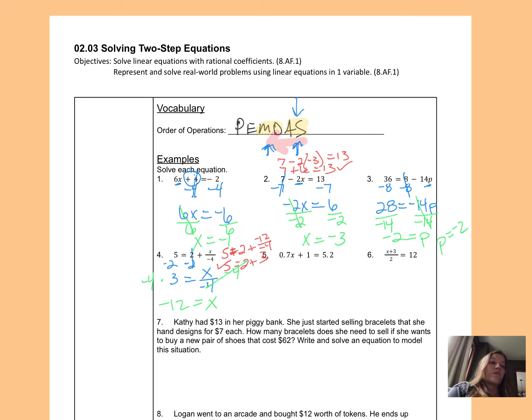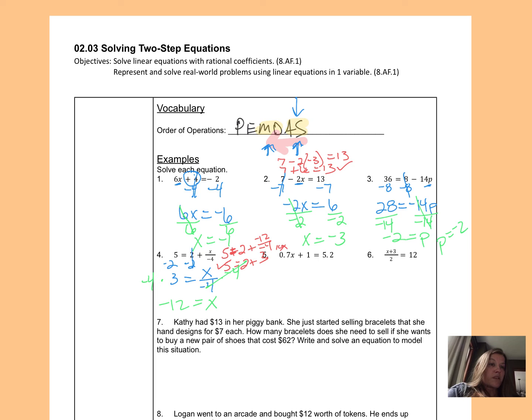For number 5, I'm going to get rid of these decimals again. So like we talked about in the last lesson, if we multiply every single term by the smallest place value, then we can eliminate those decimals. So this is in the tenths place, this is in the ones, this is in the tenths, so the smallest one is the tenths. So then we're going to multiply every term by 10.